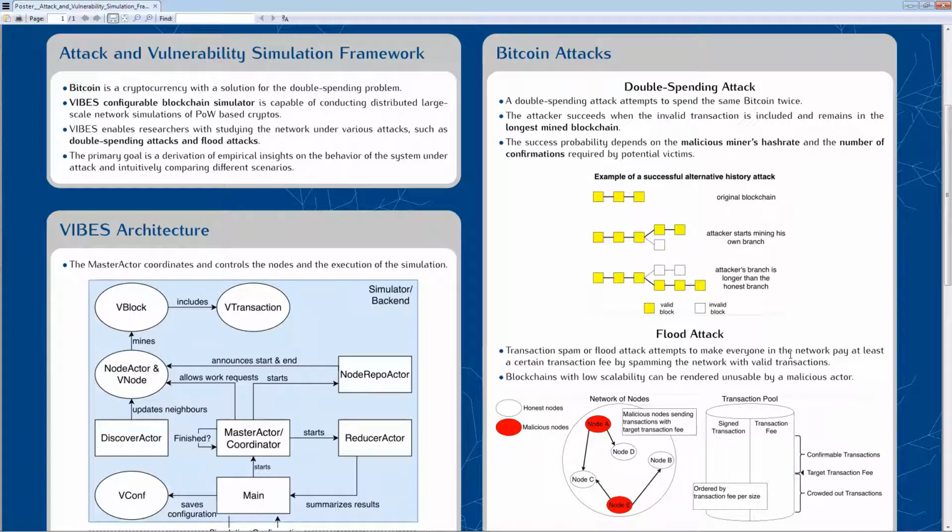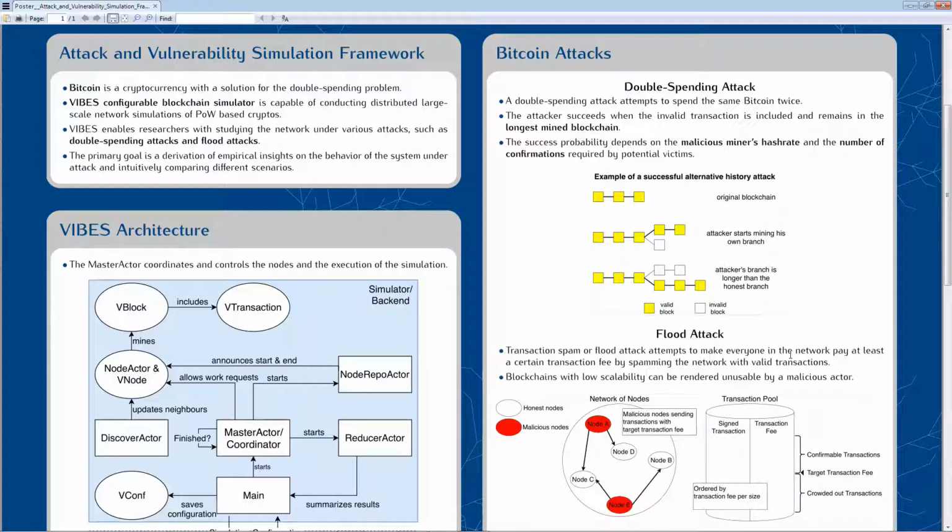Then the attacker can release his own branch, which needs to be longer than the honest official branch. Now the longer blockchain mined by the attacker is accepted by everyone, and the transactions in block A are no longer valid. The success probability depends on the malicious miner's hash rate and the number of confirmations.